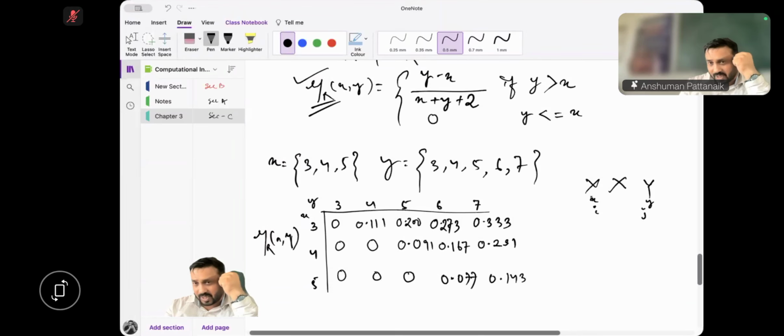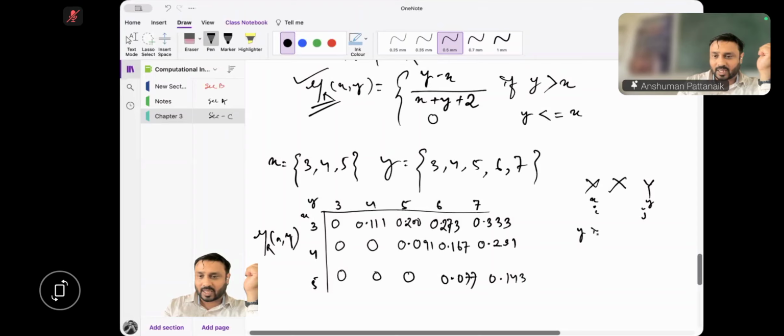That means if I say x is a real number, y is a real number, I can say y is much greater than x.